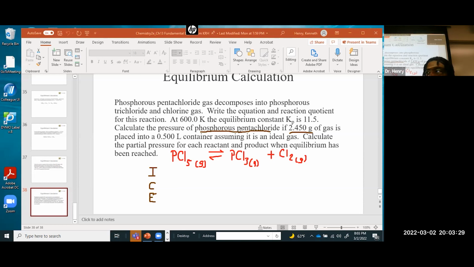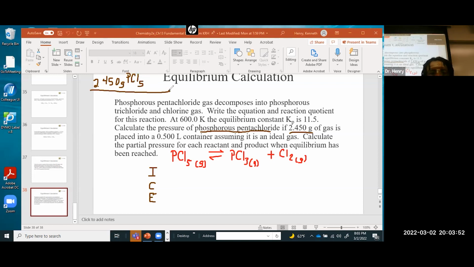Forgot to change it into what? Thank you. Moles. We have to change it to moles. So we have 2.450 grams of PCl5.